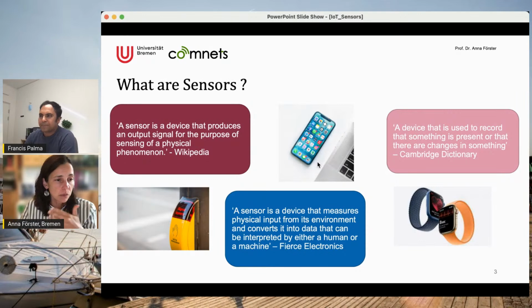For us, it's really important that we are not only using sensors to see what the temperature is outside, just to check whether I need a jacket or not, but that it is transferred at some point into a digital signal which we can analyze and use in an IoT device or an IoT application.